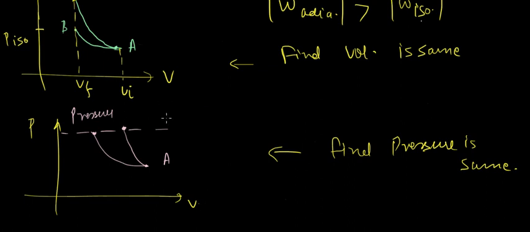Okay, and then this would be V iso and this would be V adia. Not exactly this. Let me make it more curly. So this is V adia.